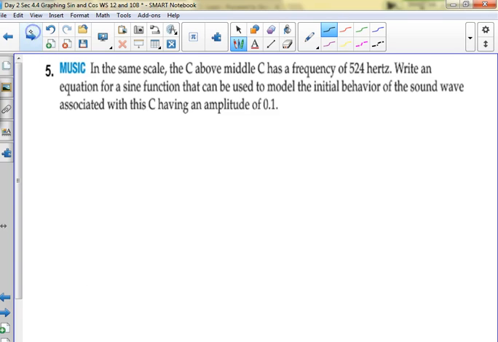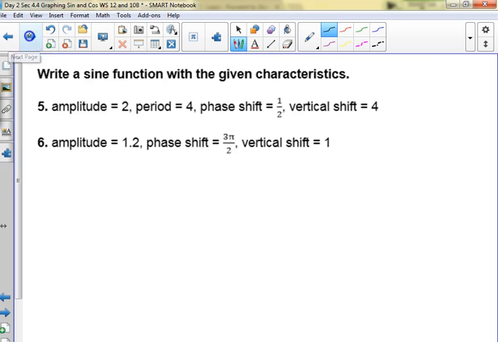All right. There's a question here that says, write an equation for a sine model of the behavior of a sound wave associated with having amplitude of 0.1. Yep. We're not going to have time for that. Number 5, this is the question, guys.